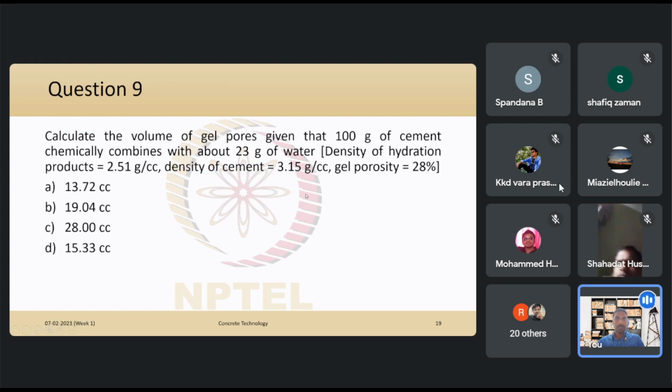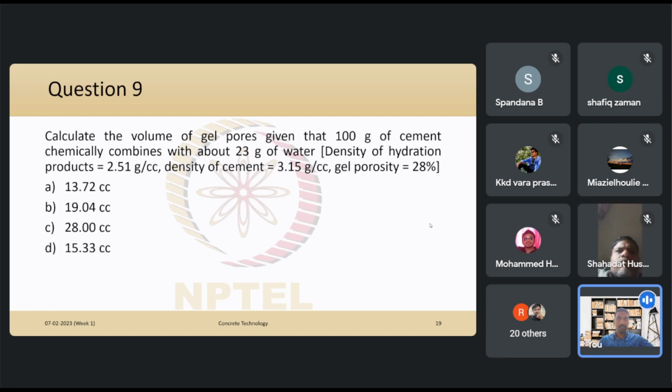Okay, so question number 9, this is a numerical question. We have to calculate the volume of gel pores, and it is given that 100 grams of cement chemically combines with about 23 grams of water. We are also given the density of the hydration products as 2.51 grams per cc.